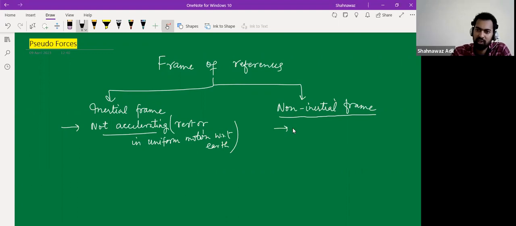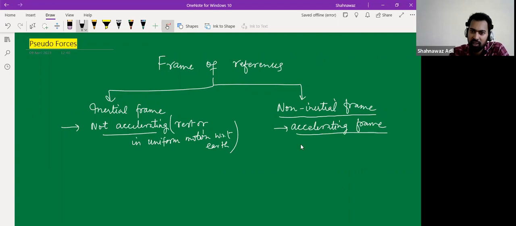This is an accelerating frame, meaning it may be rotating or accelerating.